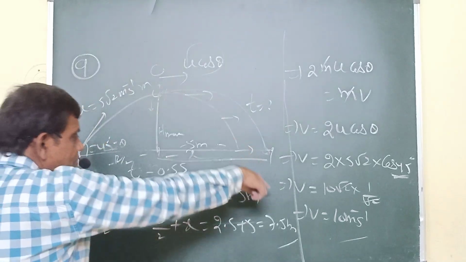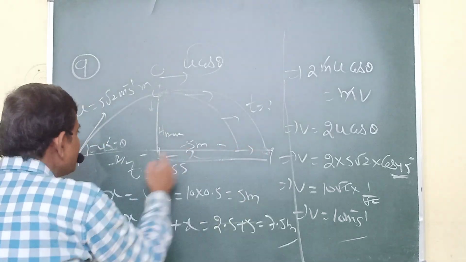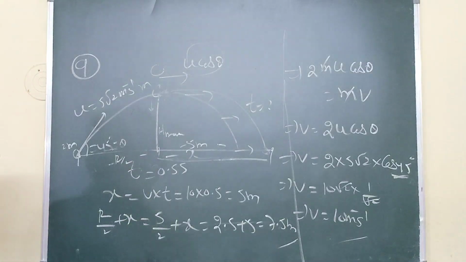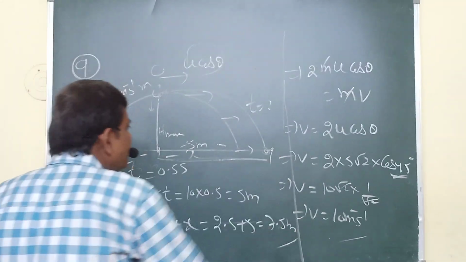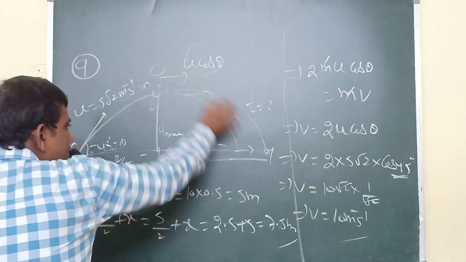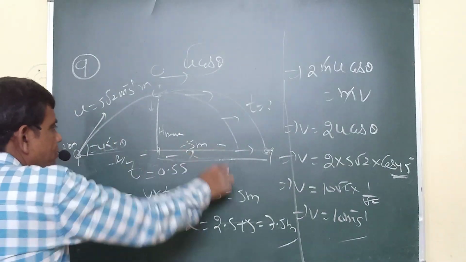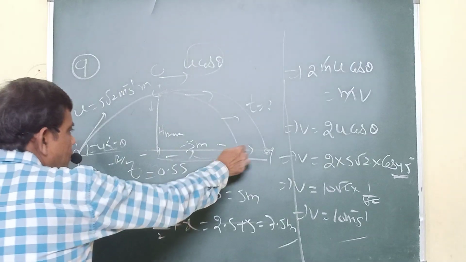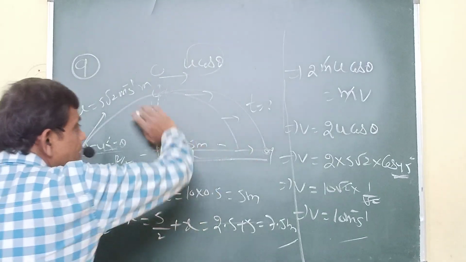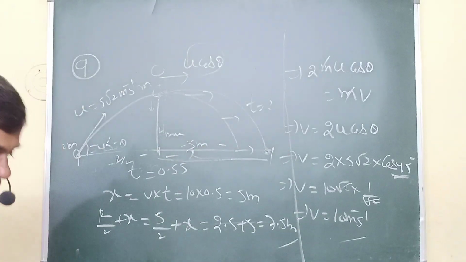So what is the displacement? That we found, and we add it to R by 2. So in total we get from the projection point to where it is falling. If it does not explode, it comes here only, R by 2, R by 2. What is R? 5. So it would fall at 5 only, but it falls some more distance due to the explosion.